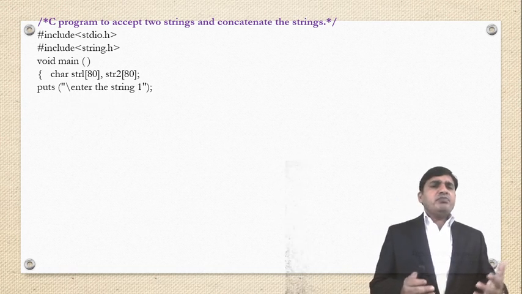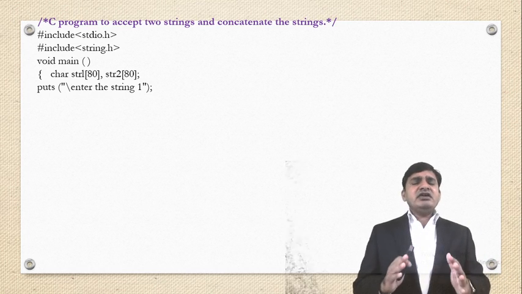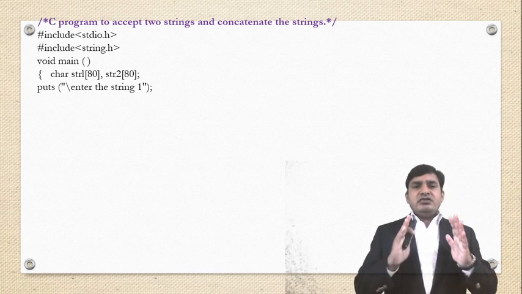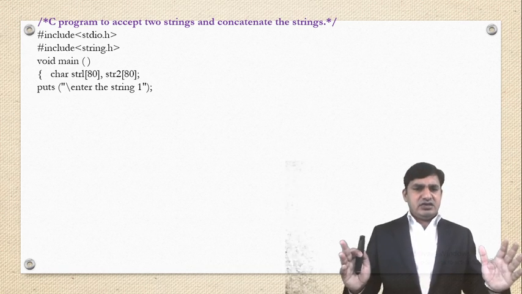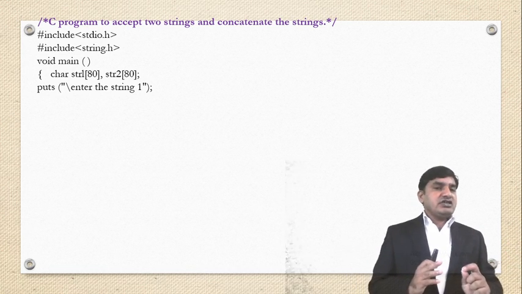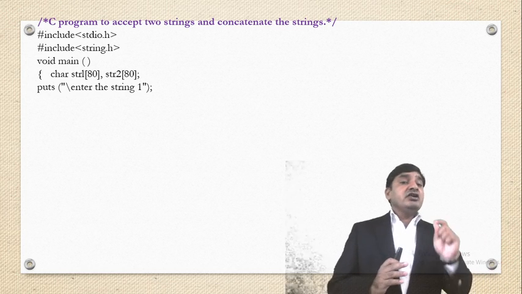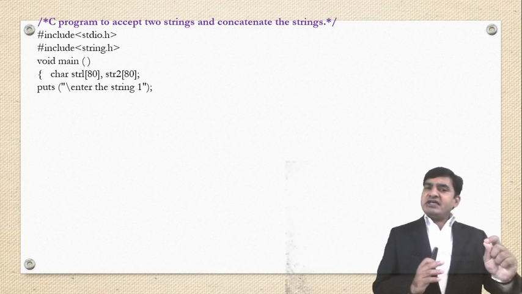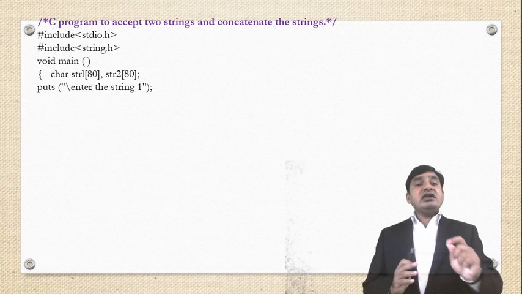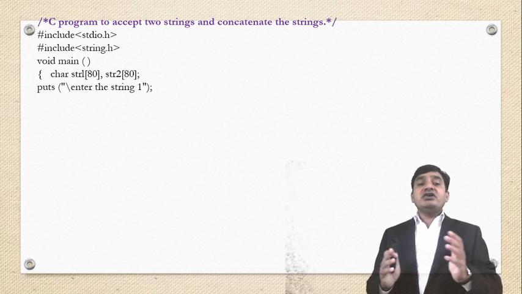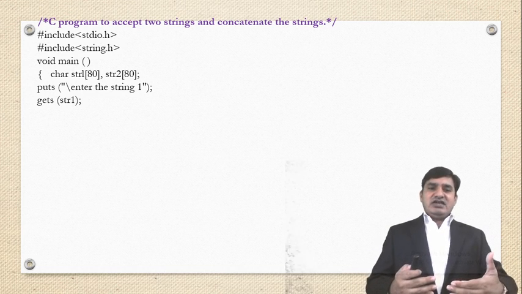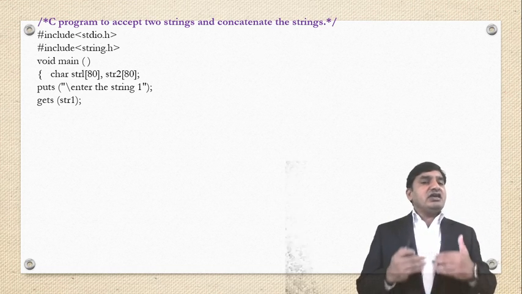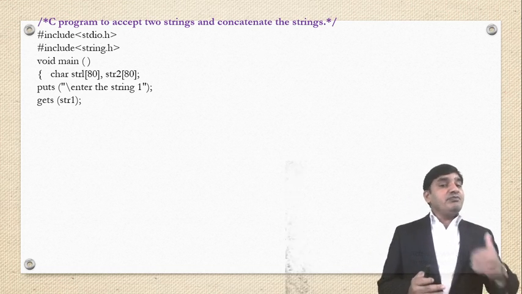Now puts enter the string 1. Now this message is displayed on a screen. Okay, puts function is an output function which is used to display the message, that is enter the string 1, on a screen. Then now we have to enter the string 1, by using gets function which is the input function.